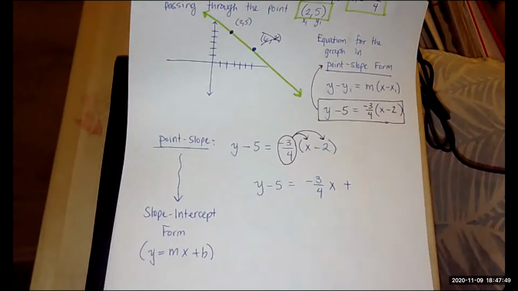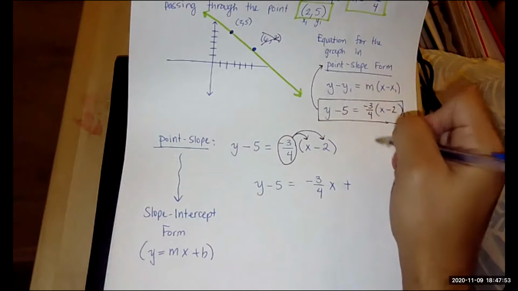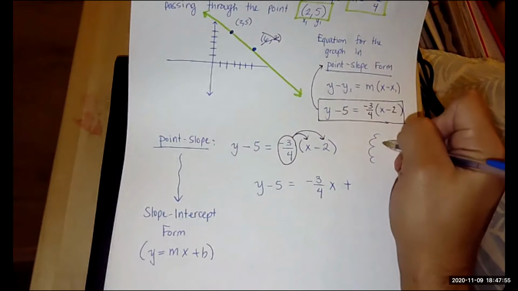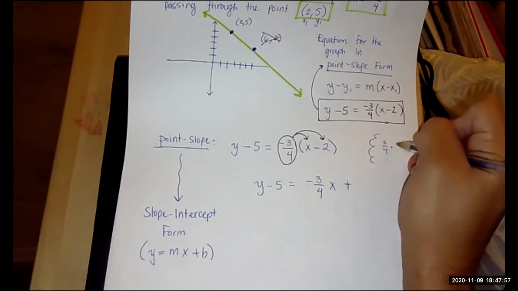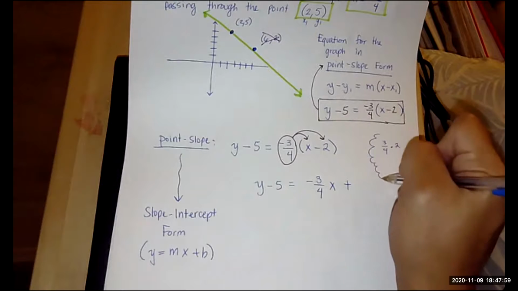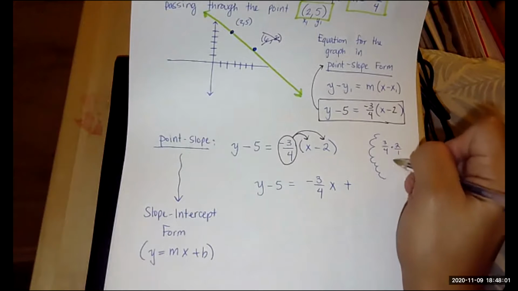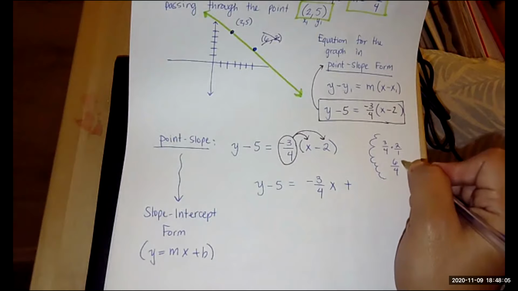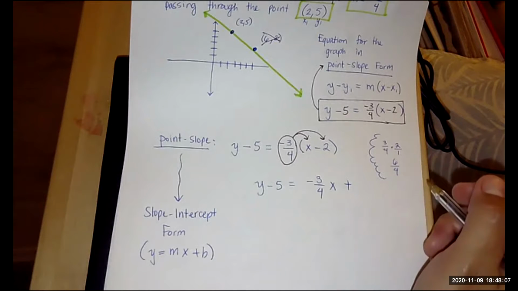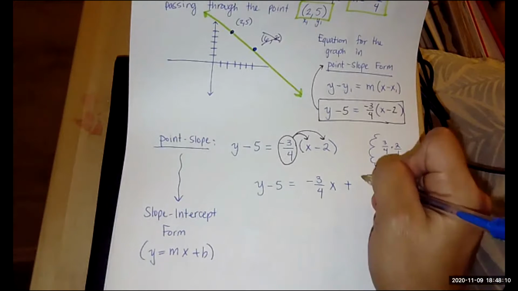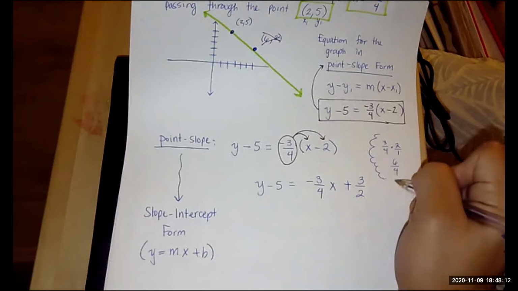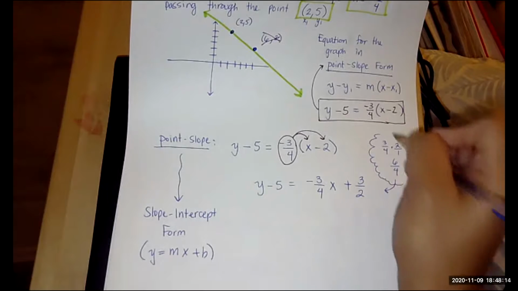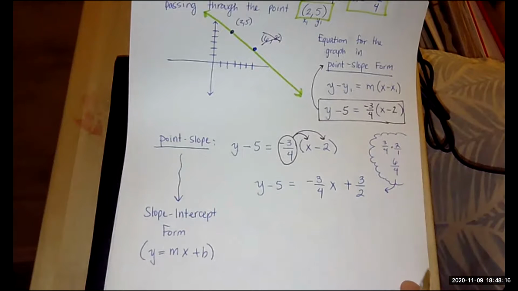And 3/4 times 2, let me do my scratch work over here, right? 3/4 times 2 is going to be 6/4, which reduces to 3/2.